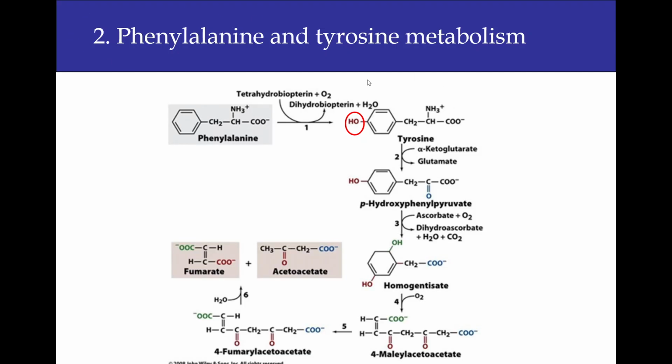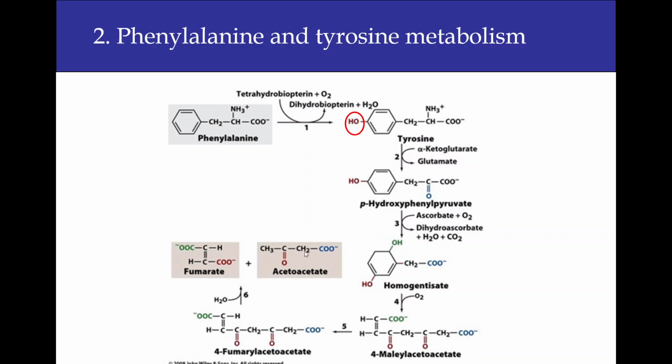Okay, and this is summarized here. Phenylalanine gets converted to tyrosine, and what is the enzyme? Phenylalanine hydroxylase. We add the OH group, and the cofactor is BH4, or tetrahydrobiopterin. Once we form tyrosine, in its metabolism we will form something called homogentisate. We'll come back to this later on. And eventually, tyrosine is broken down to fumarate and acetoacetate.